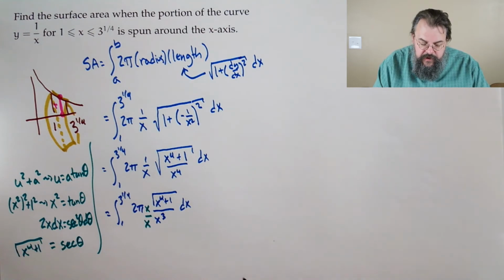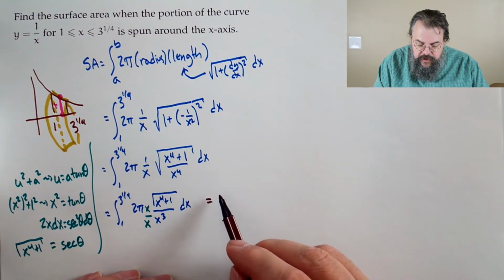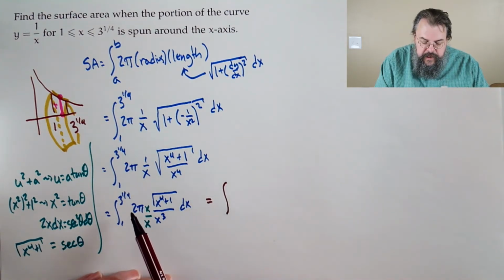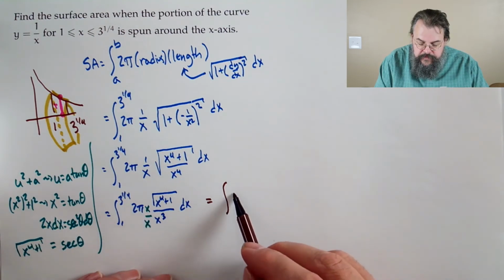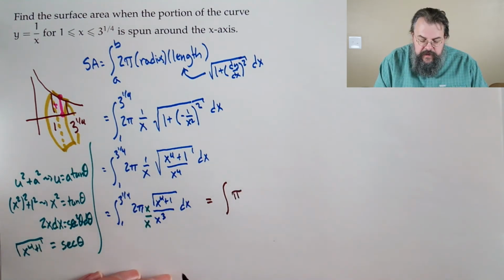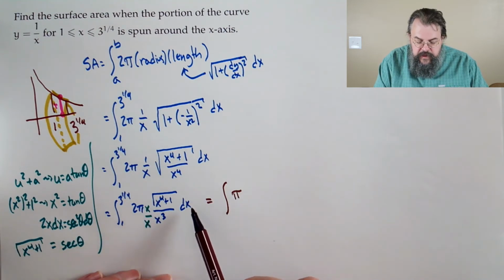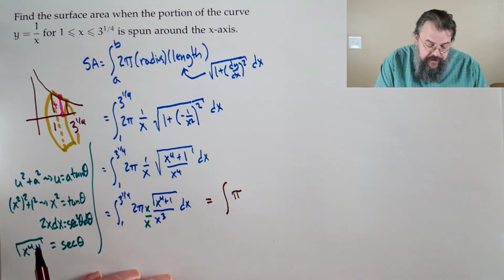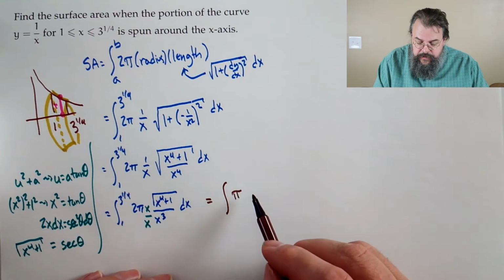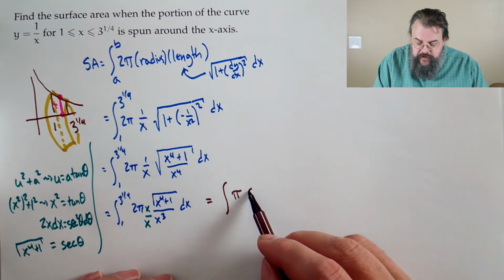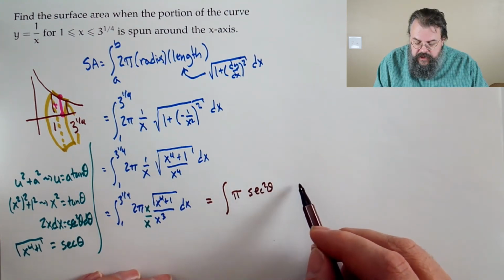Okay, so this is equal to the integral. Okay, so there's the pi still. Haven't done anything about that. The 2x dx is secant squared, so we have a secant squared d theta.